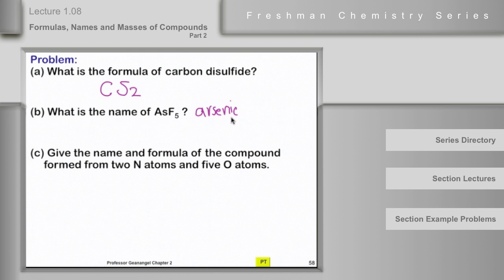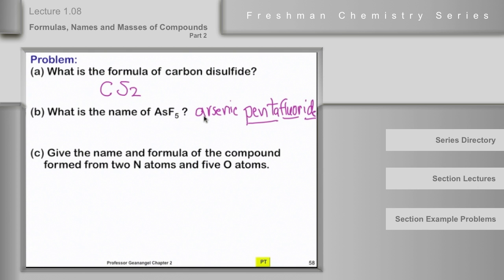We just name it arsenic. And then there are 5 of these fluorines here, and they will be named as pentafluoride. There's the IDE ending. Here's the nonmetal root, and here's the prefix that tells how many there are. Arsenic pentafluoride. Questions on that one?